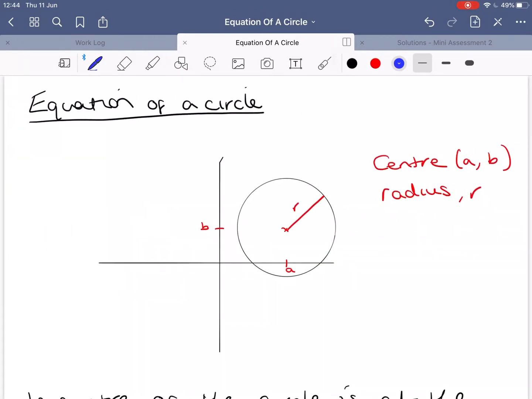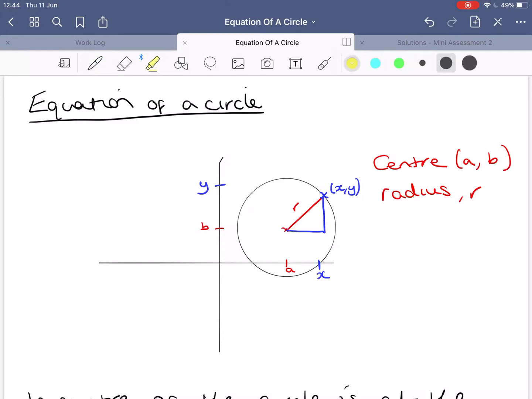But most circles are not at the centre. So in this case, I've got a circle again with a radius of r, but its centre is at the coordinates a, b. Again, I'm going to look at any point on that circle, and draw a triangle using the radius as the hypotenuse. The x coordinate is x and the y coordinate is y, so I can put those on my x and y axes.